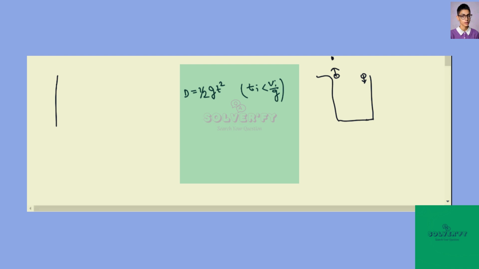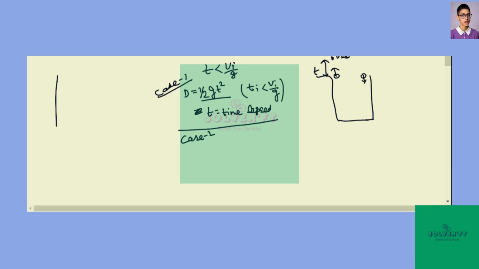The distance follows this formula, where t is the time elapsed. Case 1 is when t is less than vi by g, and case 2 is when t is greater than vi by g.